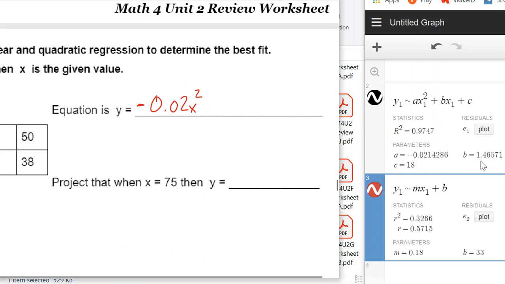And then my b is 1.465. We'll call that plus 1.47 x. And then plus 18. All right, that much was easy.